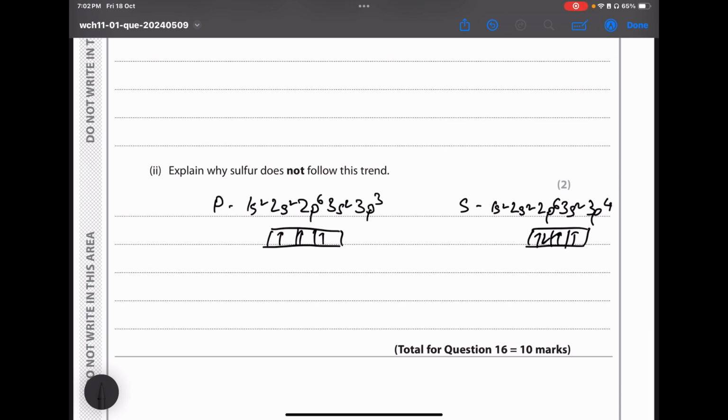So you will write down this answer that sulfur has 4 electrons in the 3p subshell.